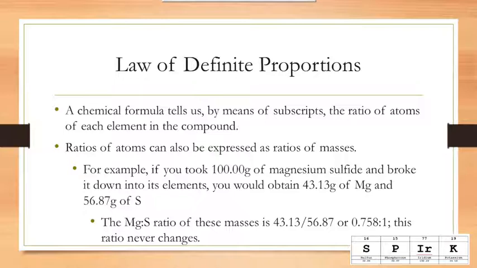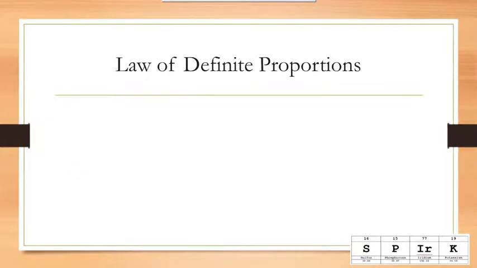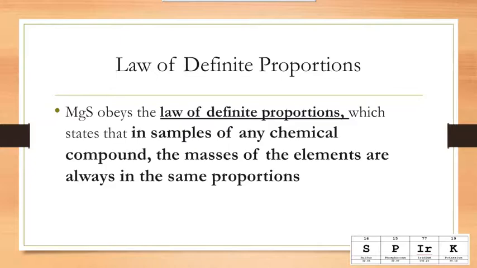This ratio never changes. Magnesium sulfide obeys the law of definite proportions, which states that in samples of any chemical compound, the masses of the elements are always in the same proportions.